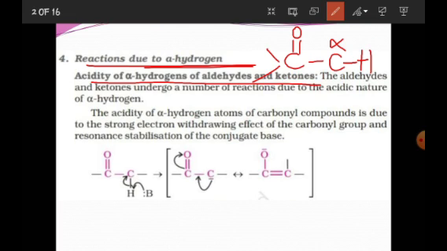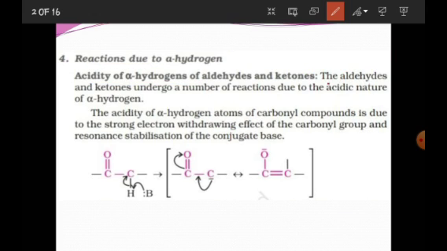So the carbon next to the carbonyl group or next to the functional group is known as alpha, and if there is one more carbon next to it, it will be known as beta and then gamma, this way. So this carbon is known as alpha carbon, and if we have hydrogen attached to it, then it is known as alpha hydrogen.